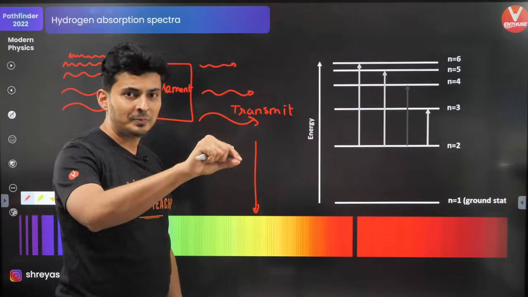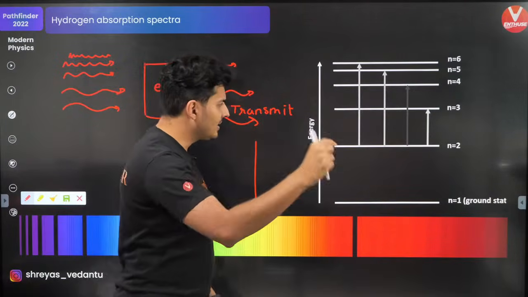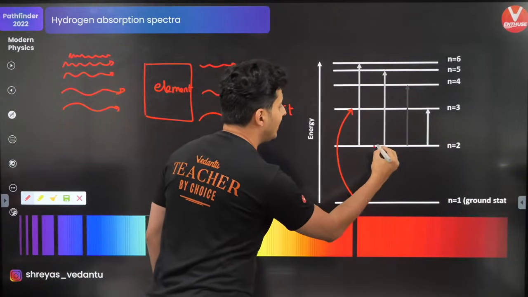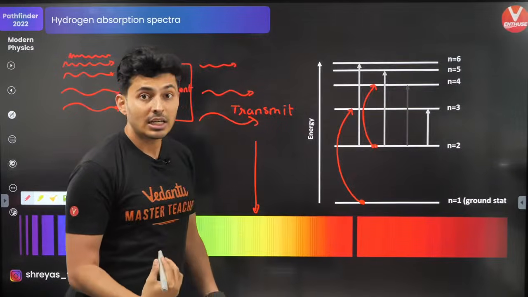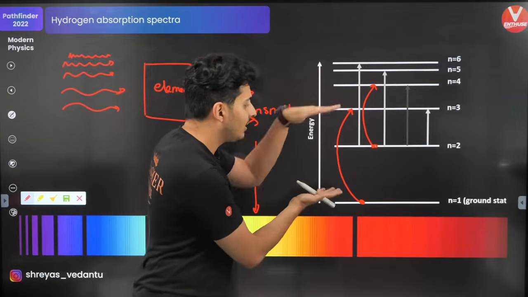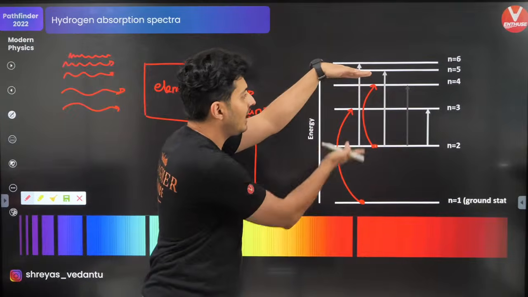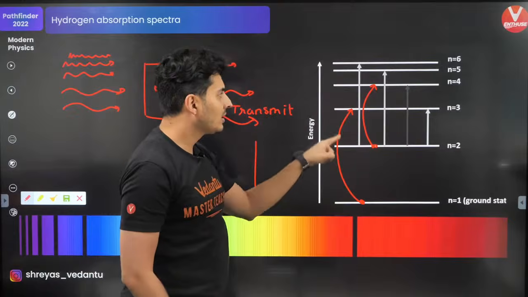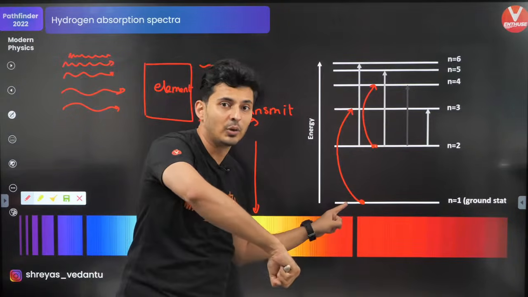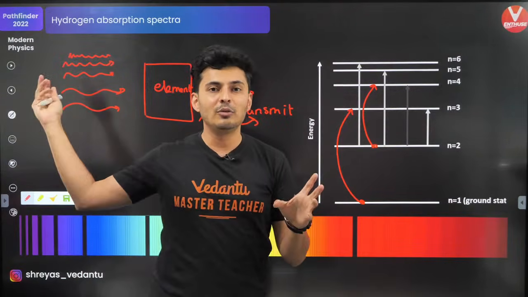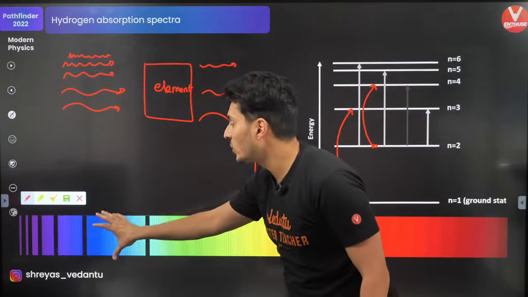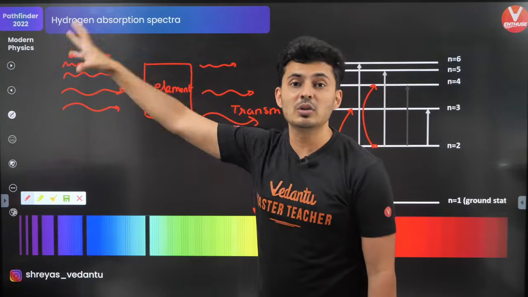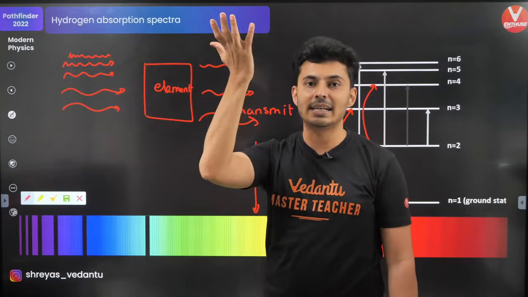One photon's energy is enough to make that electron jump from a lower energy to a higher energy. The photon's energy is exactly matching the energy difference between the two levels of the electron. So the moment it absorbs such a photon, the electron gets excited and the photon is destroyed. So those photons are missing because those electrons are absorbing them and getting excited.